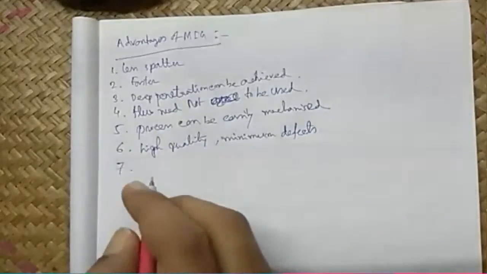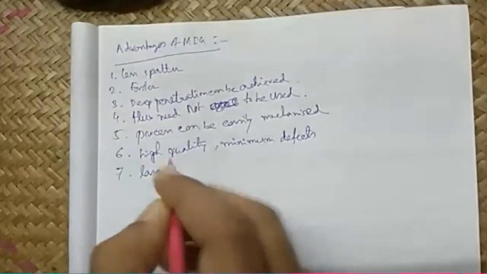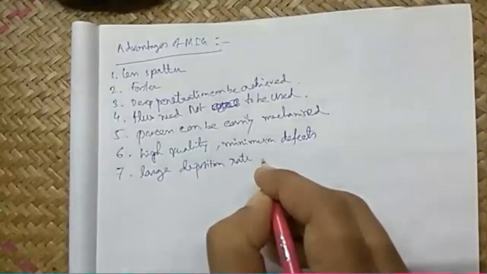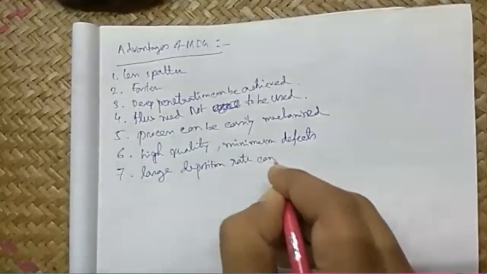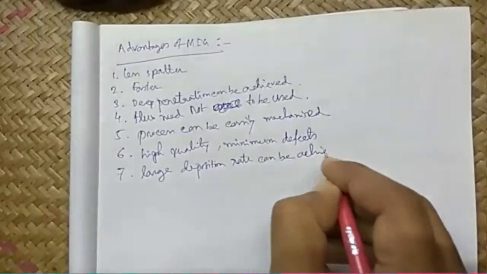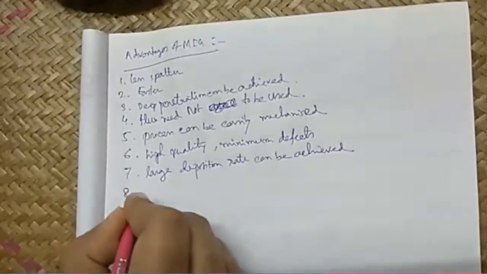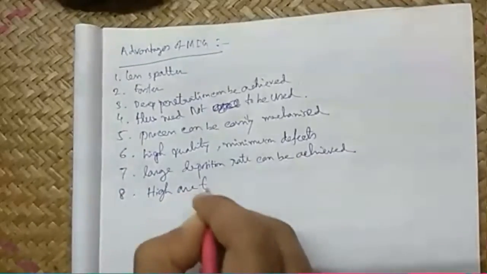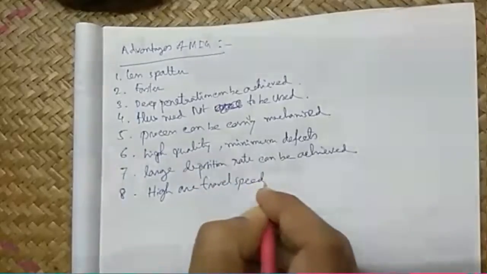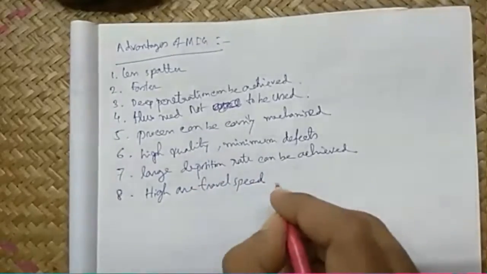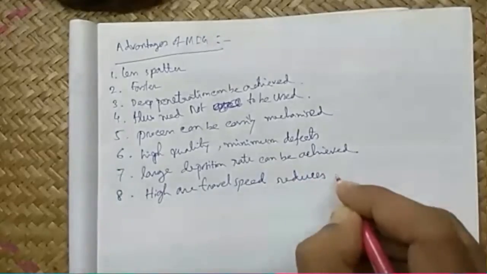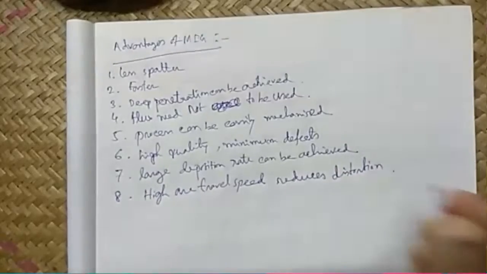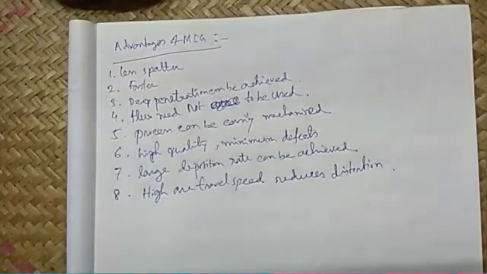Number seven, a large deposition rate can be achieved. Number eight, high arc travel speed reduces distortion. Okay, so these are the advantages.